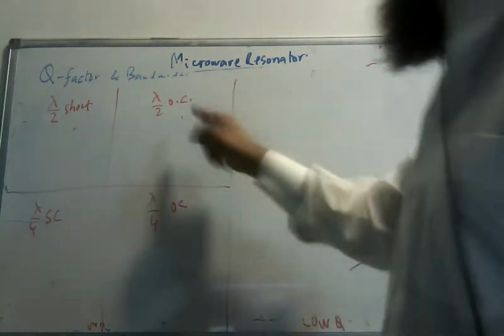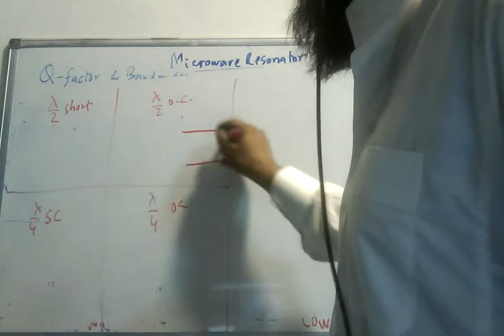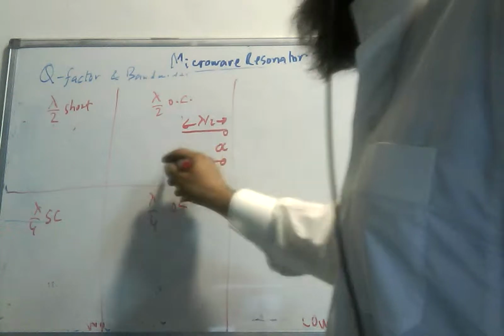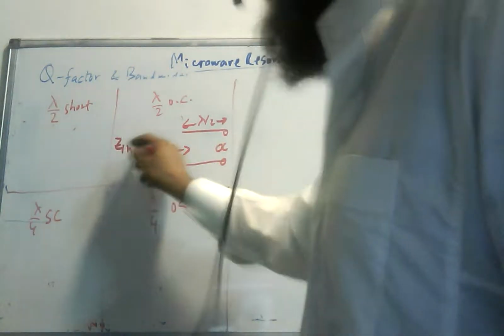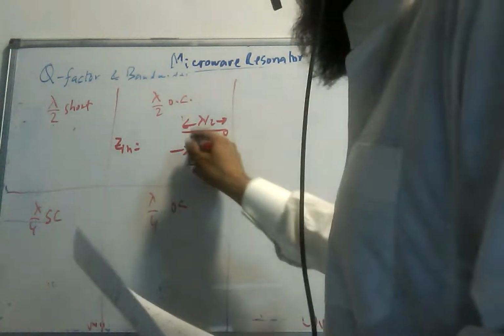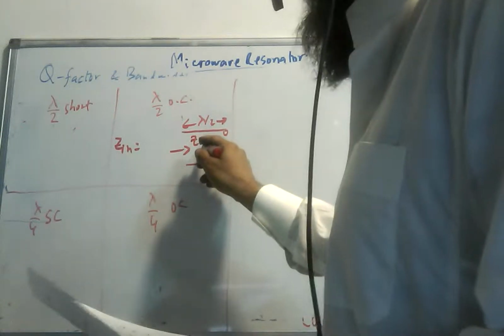So lambda by 2 open circuit is like this. I have an open, and the length is lambda by 2. The input impedance of this is equal to, this transmission line has an impedance of Z0 and an attenuation of alpha.